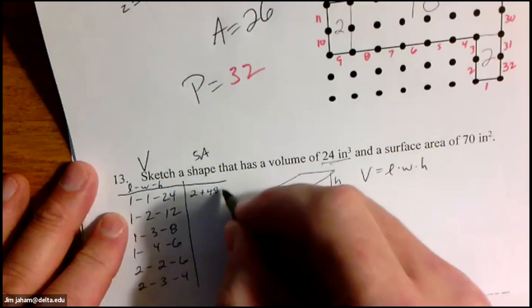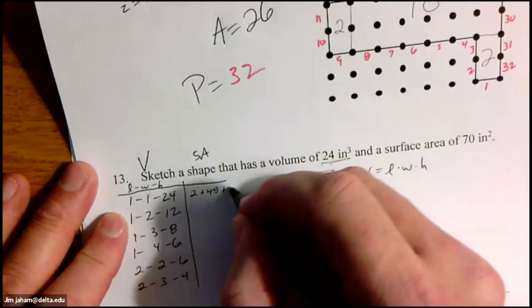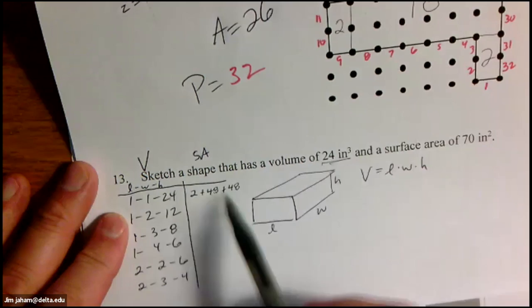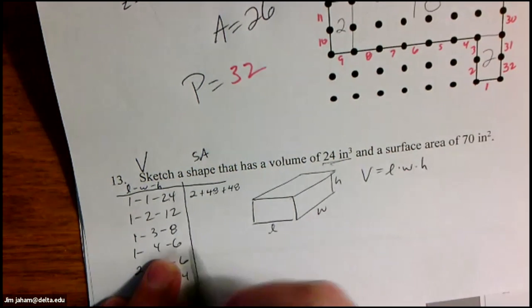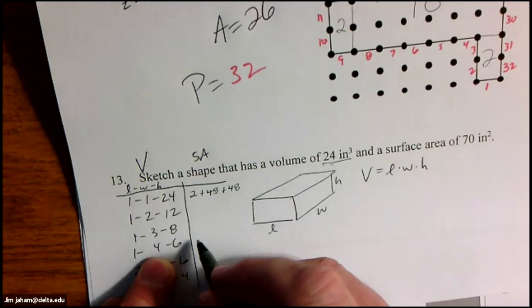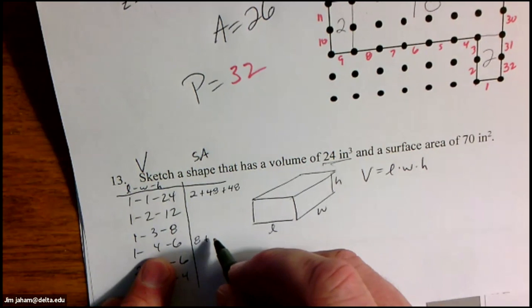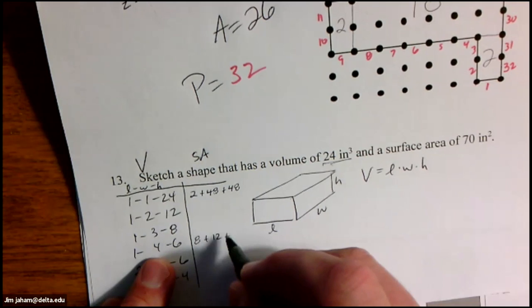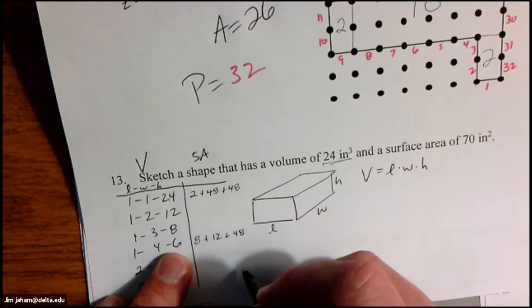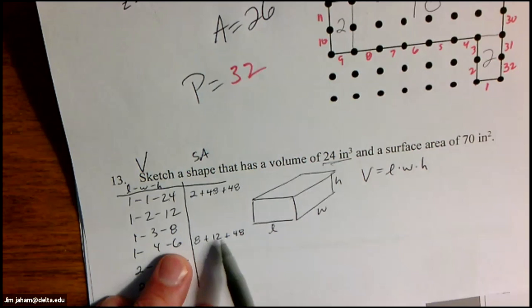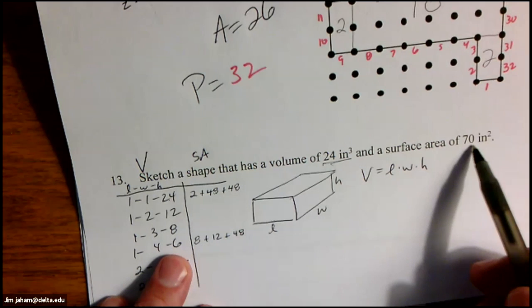And this times this is 24 times 2 is 48. And that's too high. All right, let me come down to this one. 1 times 4 is 4 times 2 is 8. 1 times 6 is 6 times 2 is 12. And 4 times 6, 24 times 2 is 48. It's 20, that's 68. Boy, it comes close.